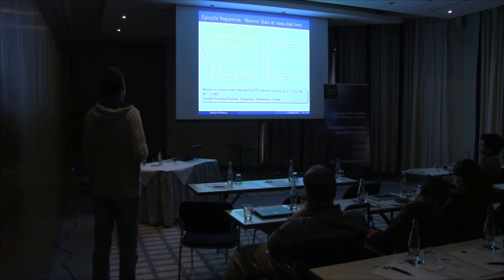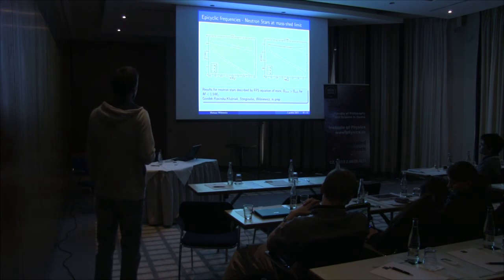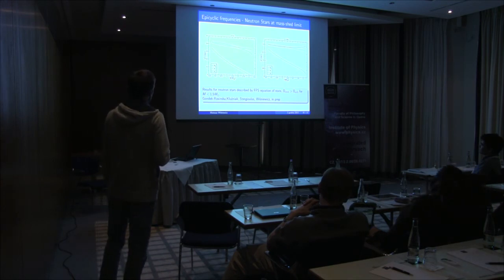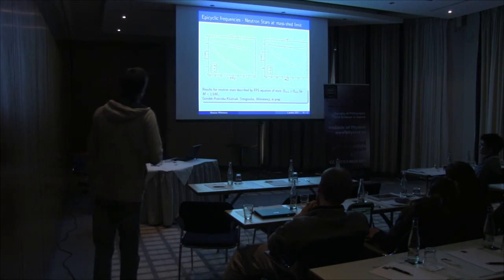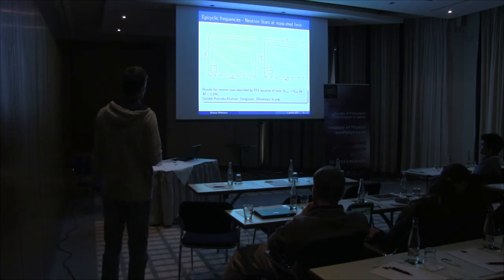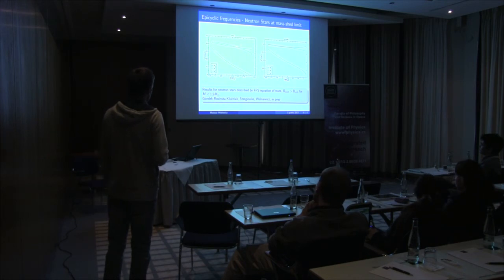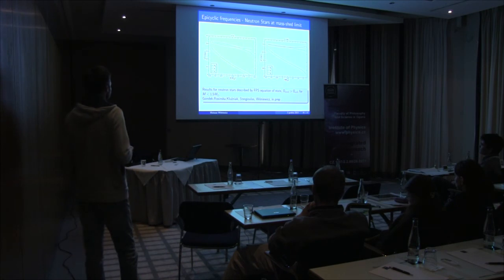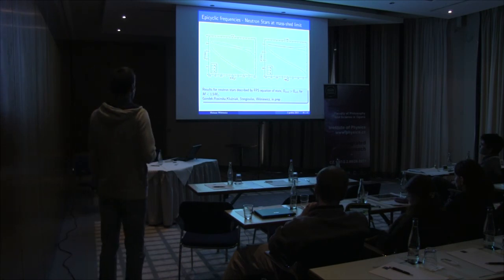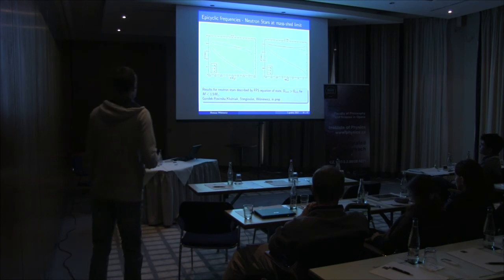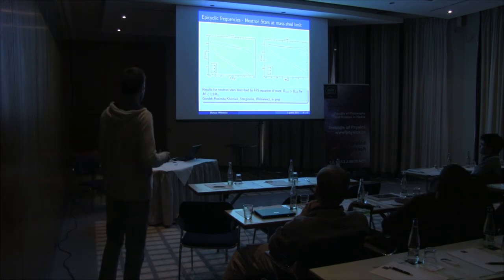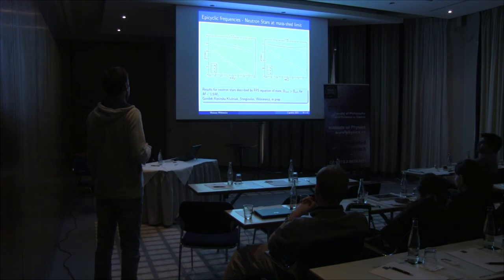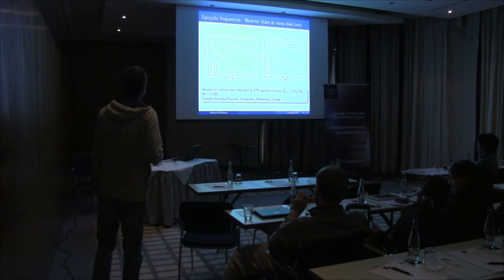On the vertical axis we have frequency. We see that the neutron star in this case rotates at the mass shedding limit. We see that for neutron stars below 1.5 solar mass, the vertical epicyclic frequency is higher than the orbital.